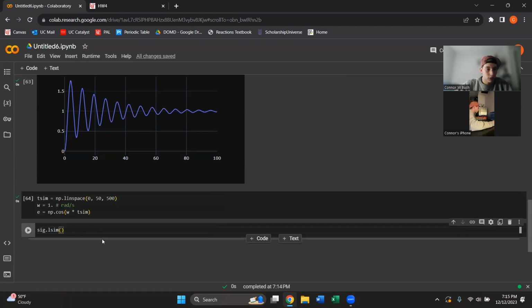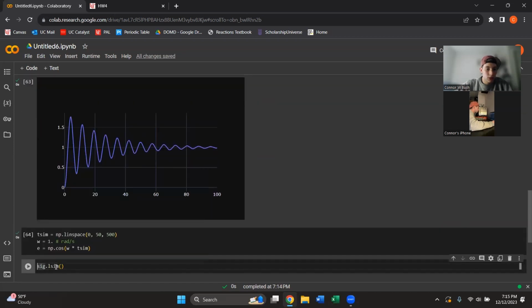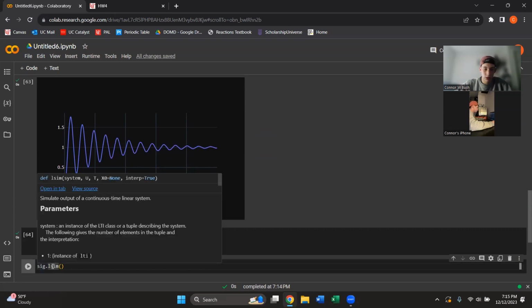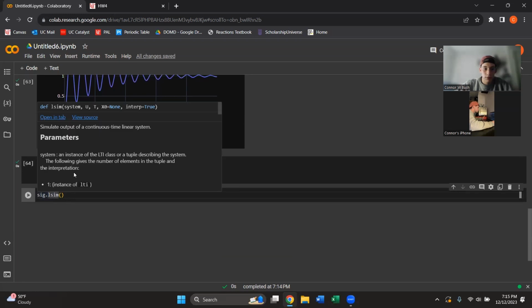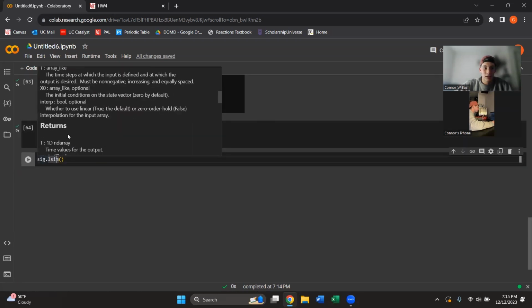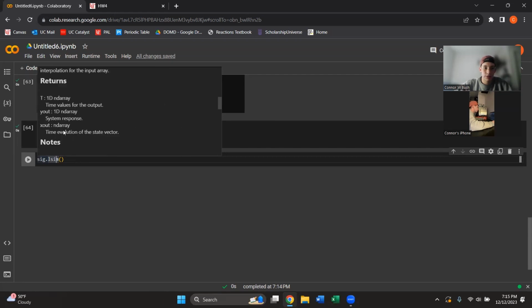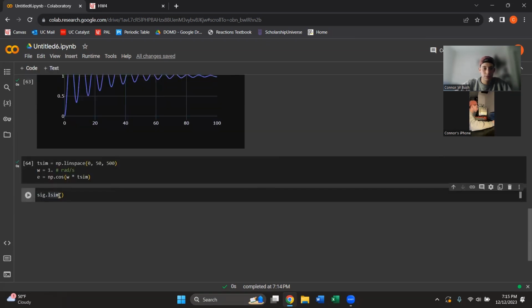So sorry, our returns, it's going to return 3 different things. One is the time values. The thing we're curious about is this Y out. This is going to be our new H2, and then this is a response for state space, which we're not really interested in.